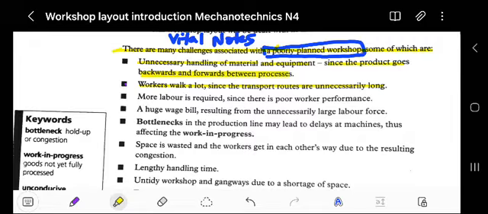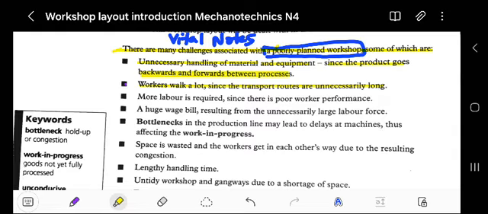Imagine the conveyor belts that you use to transmit your bulk goods or mass production are just long and unnecessary. Then obviously your workers have to be too active unnecessarily. They have to go up and down, and that will cause them to get tired, to reach the stage of fatigue.